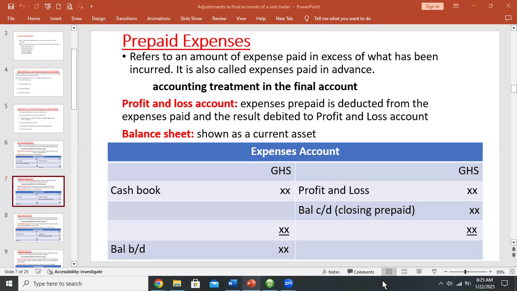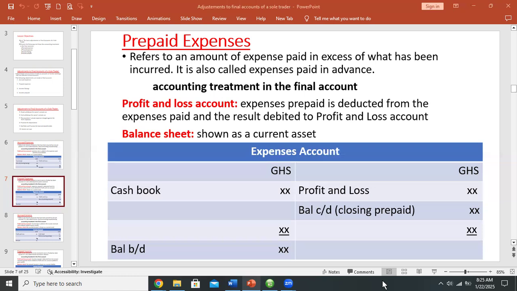Okay, Professor. So please understand how different the prepaid expenses is from the accrued expenses. Is that the question? Yes, asking if you can explain the prepaid expense to us with an example, if you can.